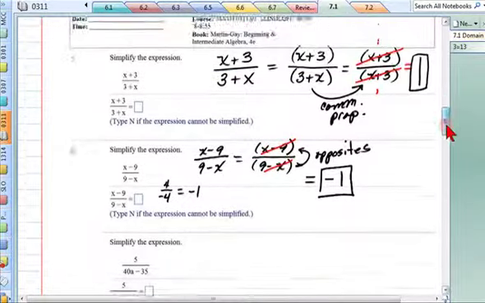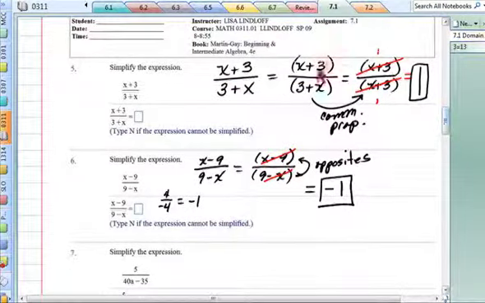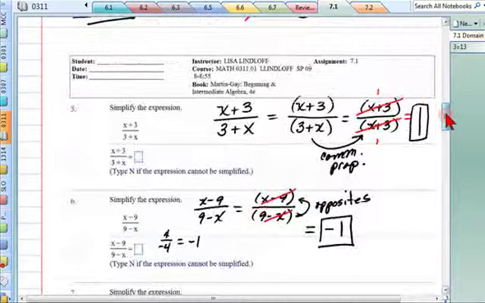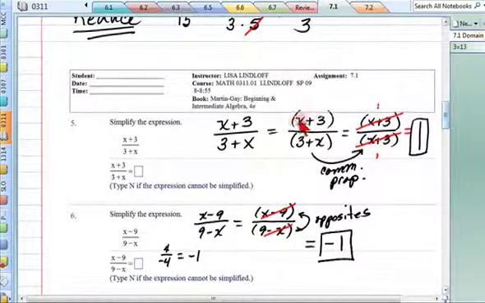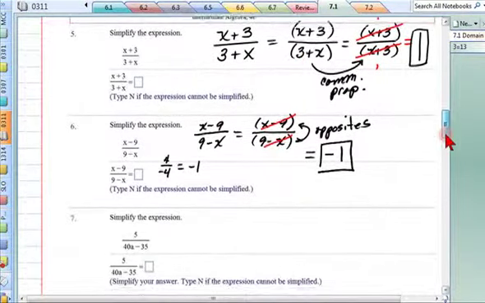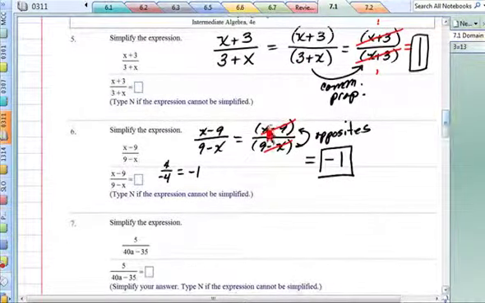No, they were not, but good question. They were in different positions, but take a look at them. The numerator had an x, it was positive, so did the denominator. The numerator had a positive 3, so did the denominator. They were the same. But if I look at this one, the numerator had an x that was positive, but the denominator had an x that was negative.